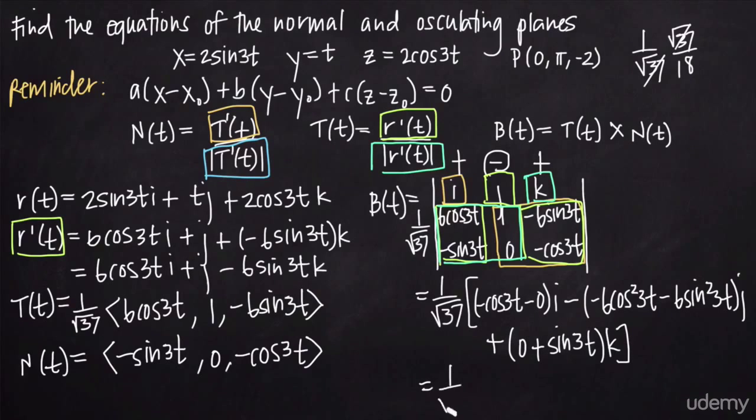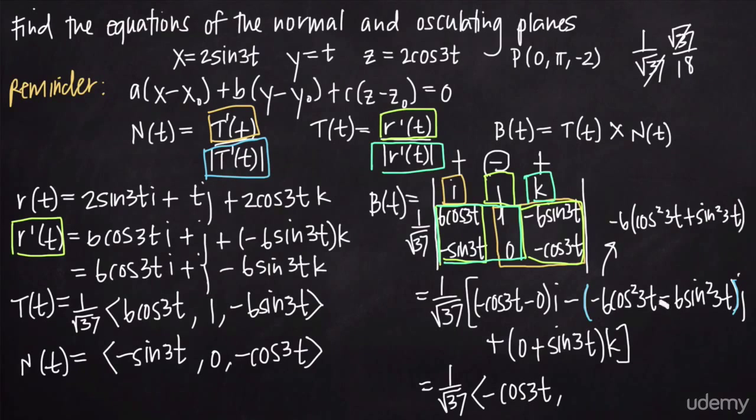We're going to get 1 over root 37, negative cosine of 3t minus 0. So we're just going to have negative cosine 3t like that. The coefficient here in front of j, we have 6 cosine squared 3t minus 6 sine squared 3t. If we look at just this part right here, these parentheses here, what we're going to do is factor out a negative 6 from there. So negative 6 times cosine squared of 3t plus sine squared of 3t, like this, because we're factoring out a negative 6, so this negative becomes positive.